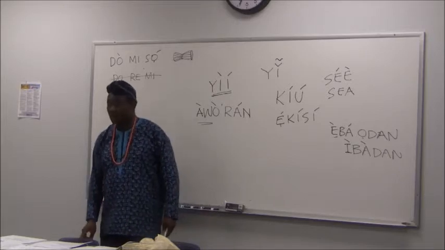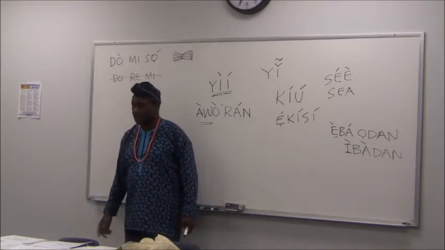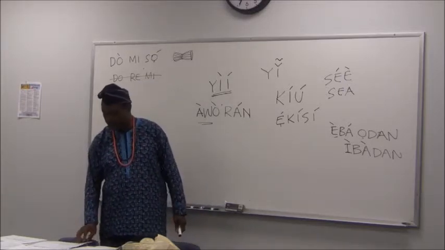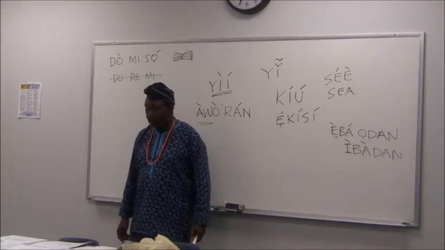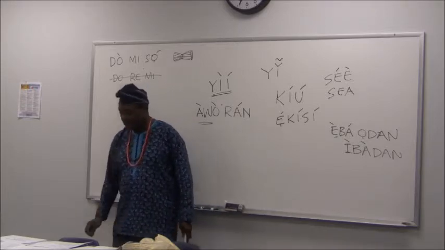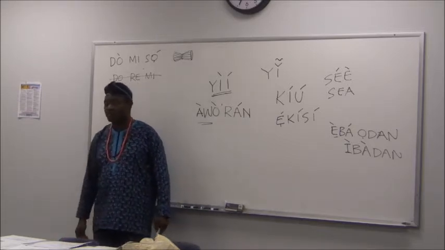Mi ò fẹ́ lọ, I don't want to go. I'm not going. And that is a statement. Mi ò lọ, I'm not going as well. I'm not going. I don't want to go. Mi ò fẹ́ lọ.